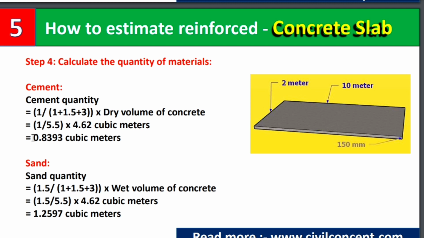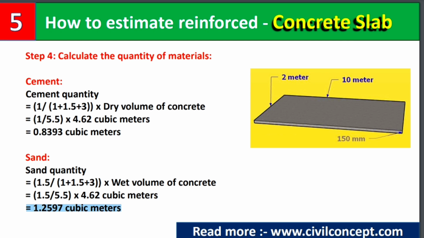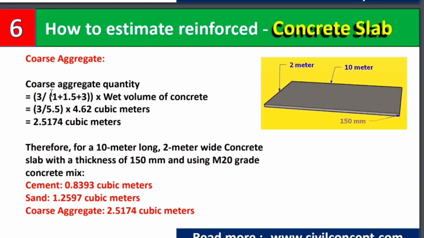Okay guys, so we have calculated volume of cement and volume of sand. Now let us move toward our coarse aggregate. Okay, so for coarse aggregate, same formula we will apply, but the difference is we have to change the proportion of this aggregate. So proportion of aggregate was 3, so 3 divided by total sum of mix ratio into dry volume of concrete.